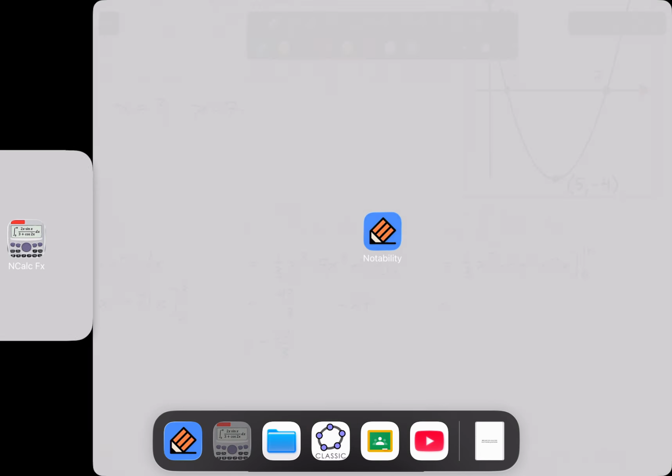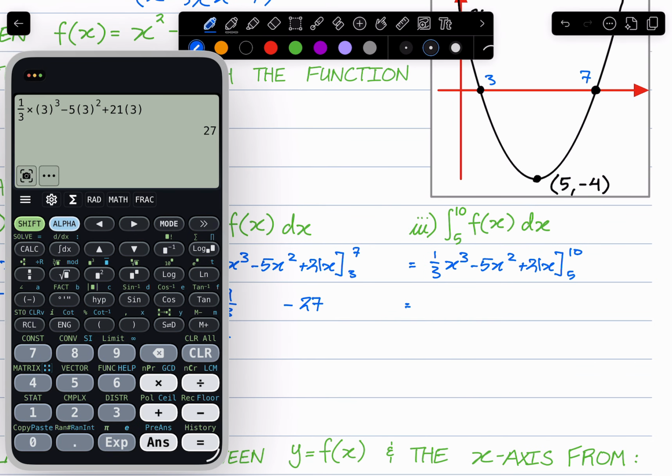Substituting 10 first, from here we get 130 on 3, and substituting 5, we get minus 65 on 3.